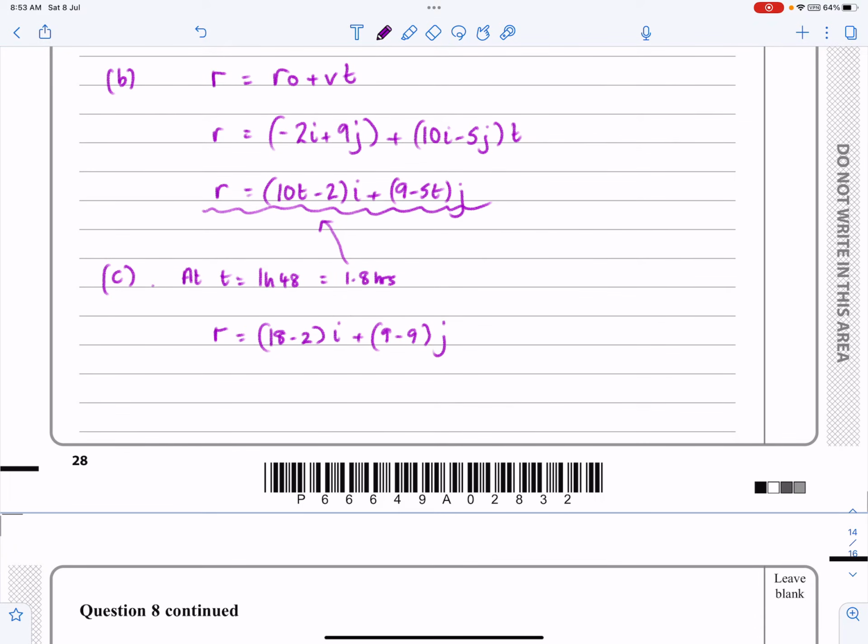All right, the j's are going to cancel. I'm going to get r equals 16i.